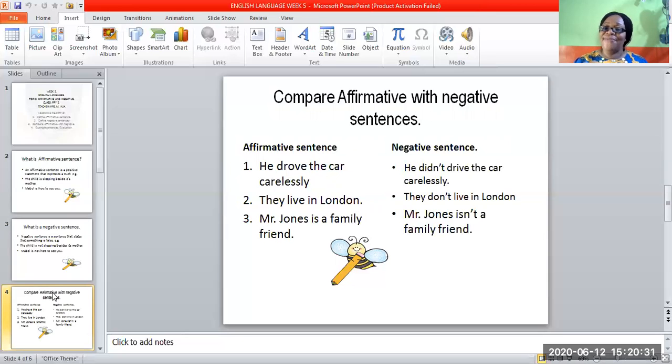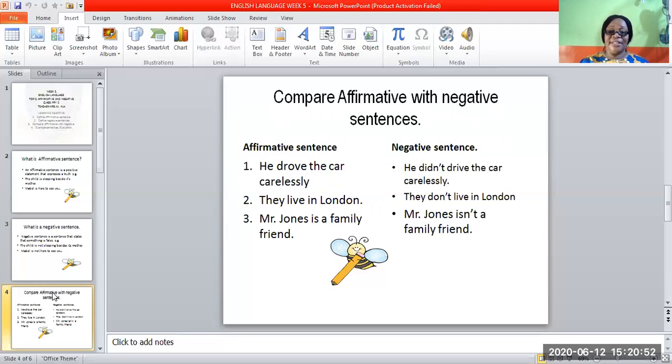He didn't drive the car carelessly: didn't is a contracted word. They don't live in London: don't is a contracted word. Mr. Jones isn't a family friend: isn't is a contracted word.